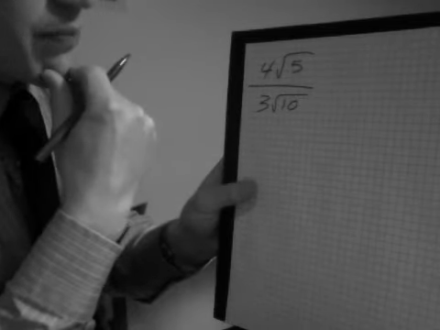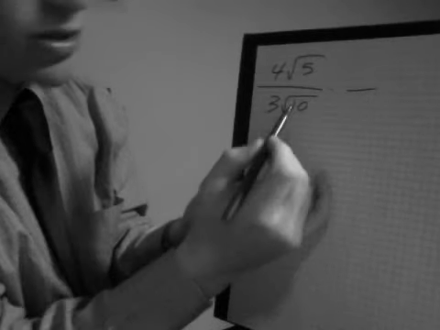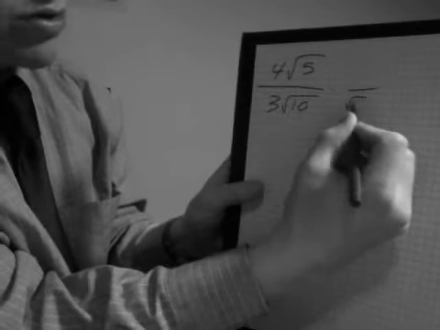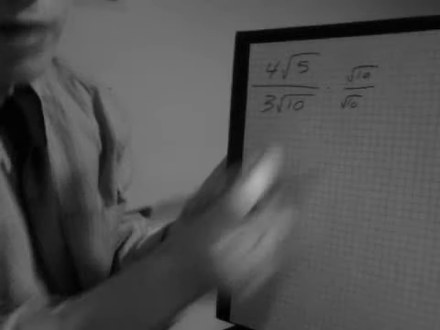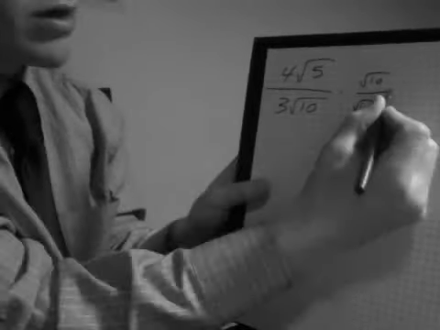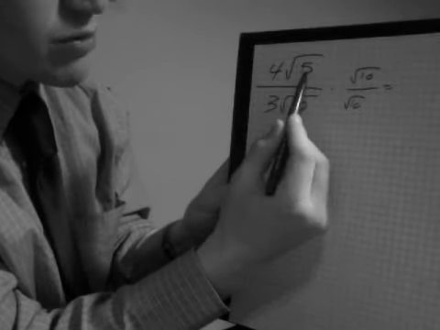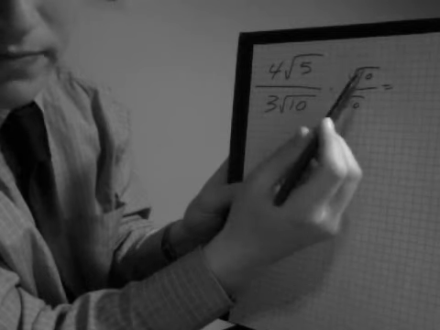But then I multiply the top and the bottom by whatever my issue is. Right now my issue is square root of 10. So I multiply the top and bottom times square root of 10. It's called rationalizing. So if I look on top here, I have 4 times the square root of 5 times the square root of 10.